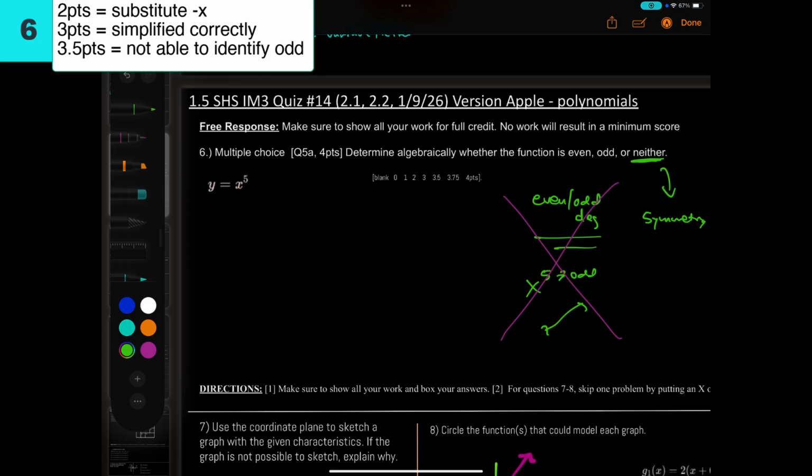Symmetry. So to test it algebraically, we're going to put in negative x for every x value. Okay, so right here, I'm going to put in negative x. Okay, that just means I'm going to write it out 5 times.